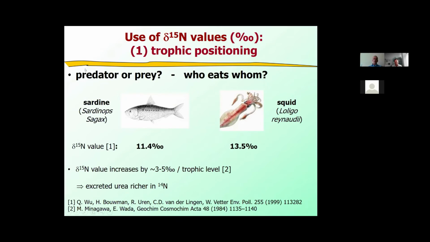And by using the delta 15N value, you can see that the squid, for example, compared to the sardine is enriched in 15N. And this is because the delta 15N value increases by about 3 to 5 per mil per trophic level. So that means that the squid is feeding on a higher trophic level than the sardine. This is also a point which can be found out by the stable nitrogen isotopes.